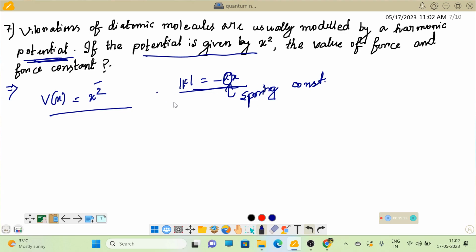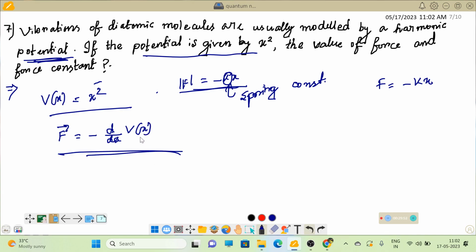As we know, F equal to minus kx, and F equal to minus d dx of V of x.